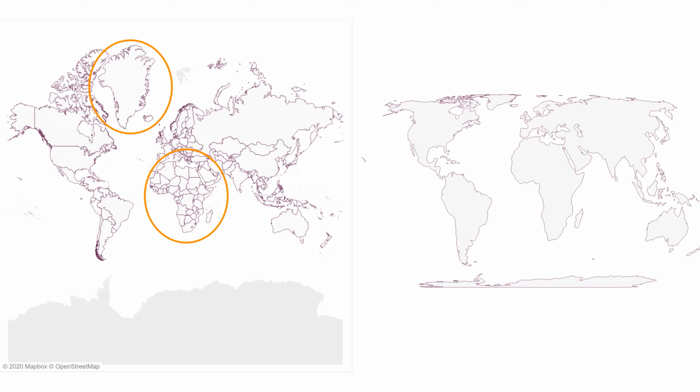The projection on the right is an equal area projection called Eckert-4. Now here's the kicker. Tableau will only use a web mercator projection by default, and that's problematic for disease mapping. But we can force Tableau to do things another way by bringing in our own base map. So let's take a look.